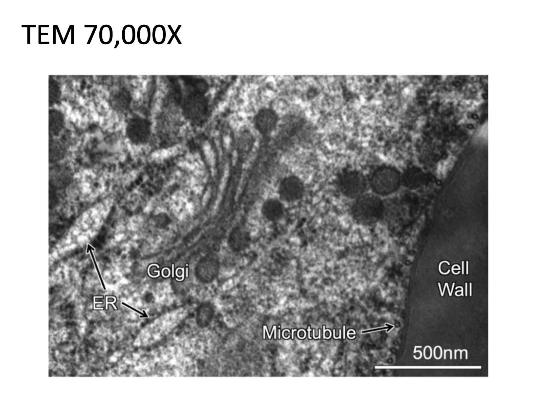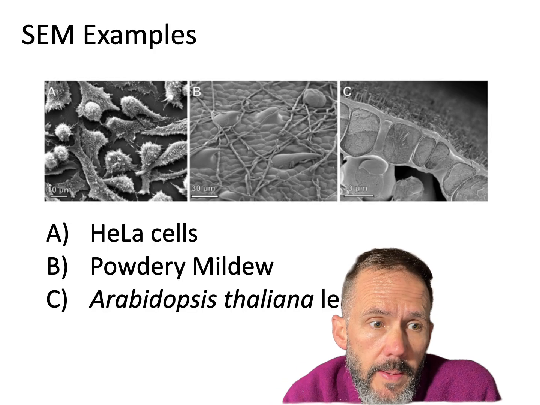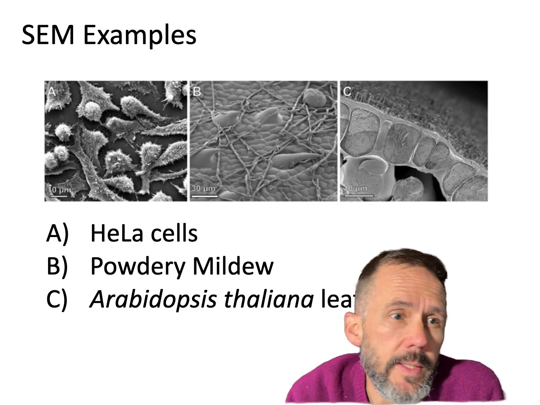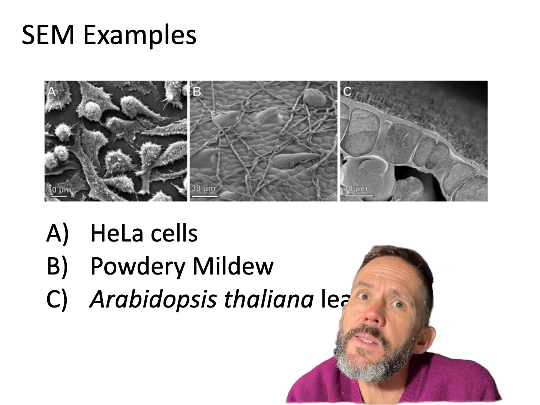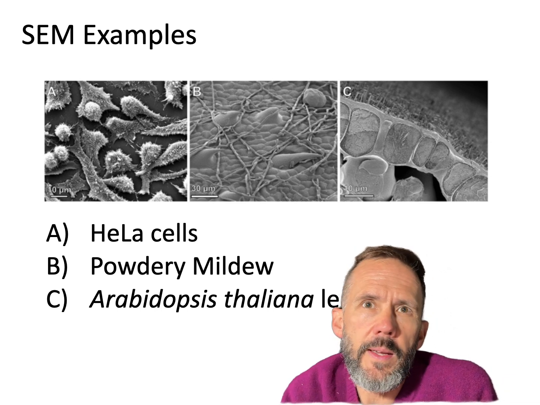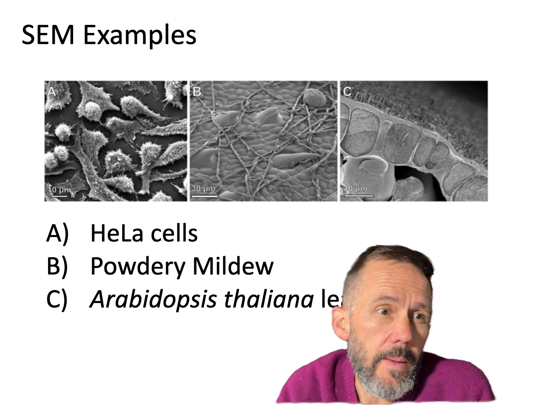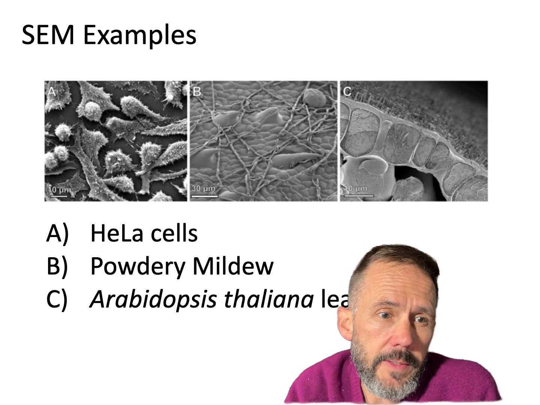All right, so here's the TEM, transmission electron microscopy, very powerful, 70,000 times, and an awful lot of information there. And then these are samples of scanning electron microscopy images. So there are some HeLa cells, if you're familiar with the Henrietta Lacks story of the cancer cells. Those are examples there on the left.